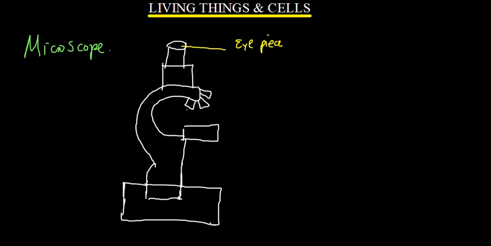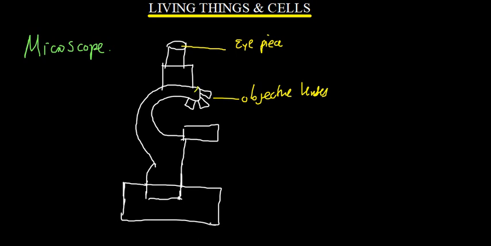And then these three things that you can see here, we call them objective lenses. Objective lenses also have lenses to be able to make the things that you are viewing become bigger.